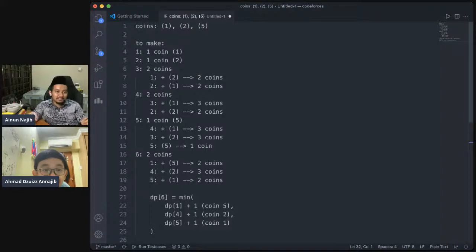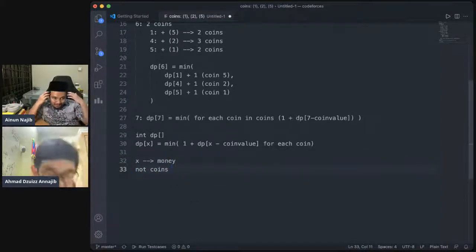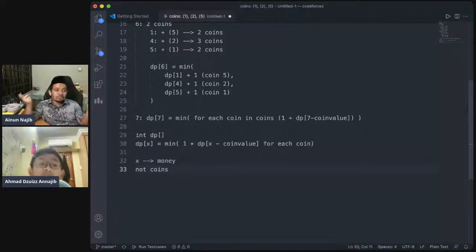What you represent is the amount of money. That's your x in the dp. So x is actually money, not coins. Usually the first thing in mind is, should I process by coin? Processing by money just doesn't come naturally, so you need to think a bit.